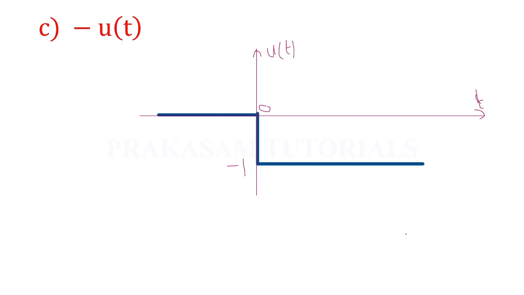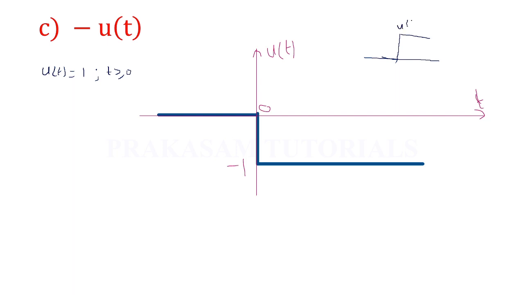And the next one is minus u of t. What is the definition of the unit step signal? U of t is equal to 1 for t greater than or equal to 0. And this is the graphical representation of the u of t signal.